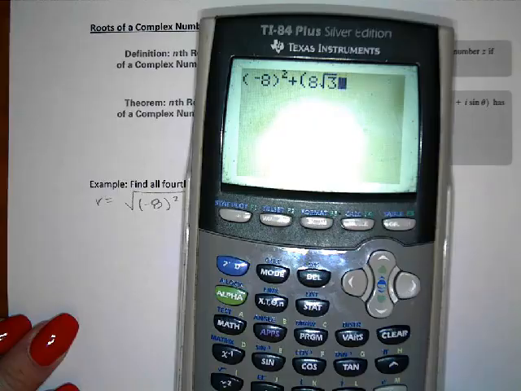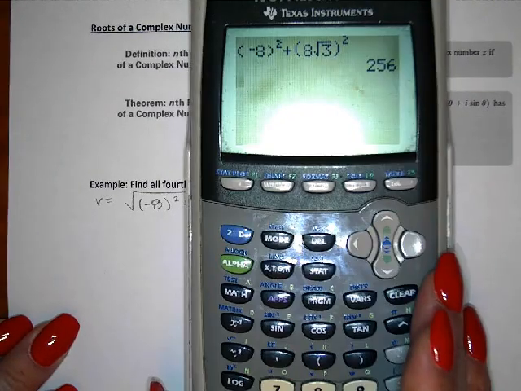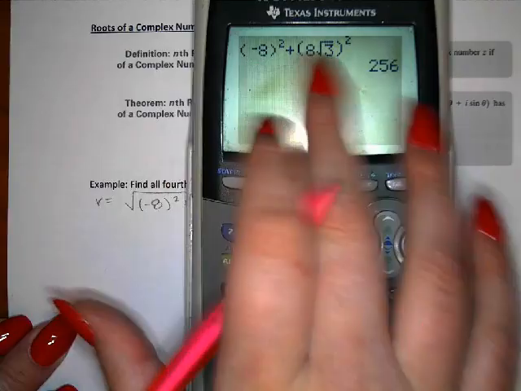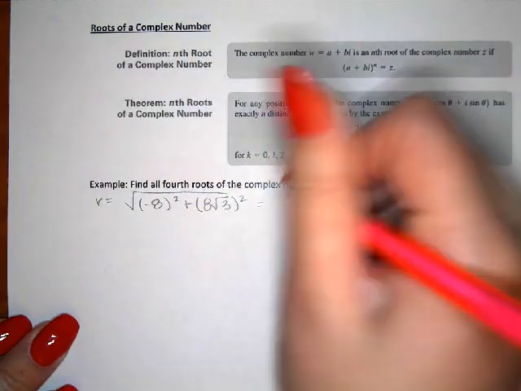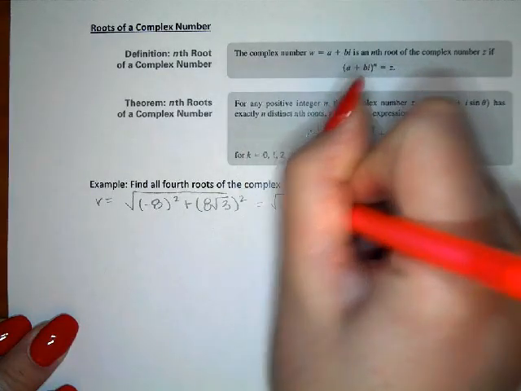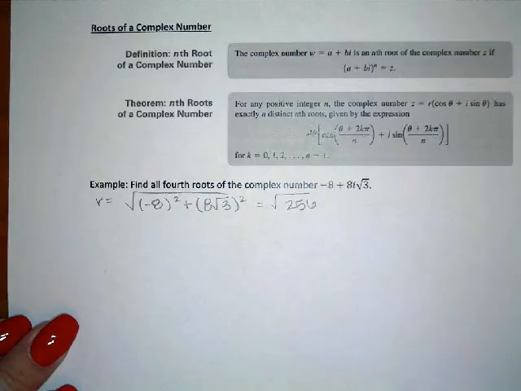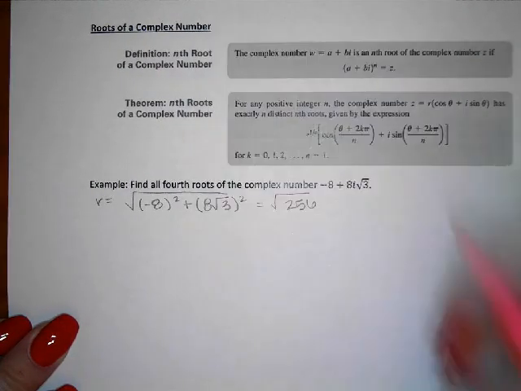That's a big number, so I'm just going to do it all at once. So 64 plus 64 times 3 is just a larger number. So this is the square root of 256. I believe that square root is 16. Yep. Okay. So the modulus is 16.